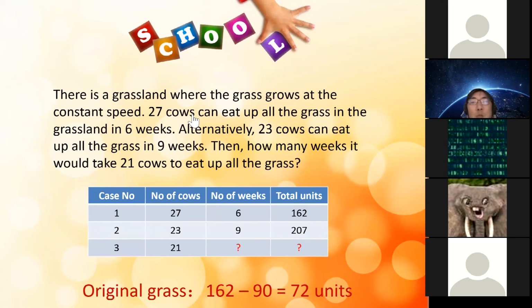You can define it whatever way you like, however, it has to make sense. So we define the unit as 1 cow eating in 1 week. Then 6 cows eat in 1 week is 6 units, right? So in total, it's 72 units. So you have to divide 72 by 6, then you get 12. So it's 12 weeks. Okay, cool.